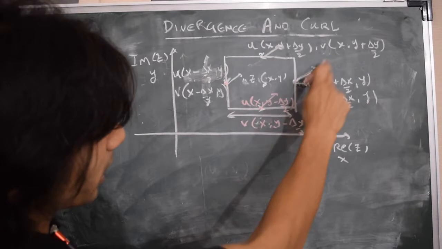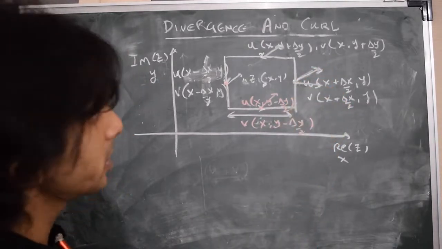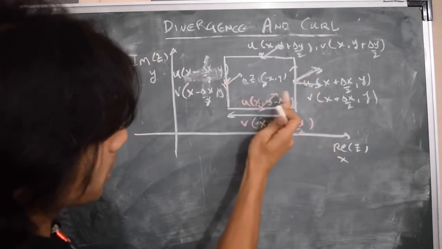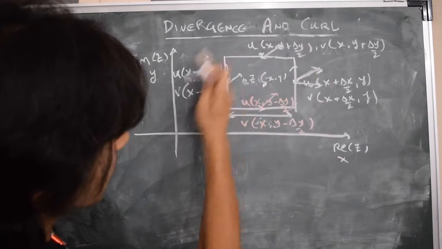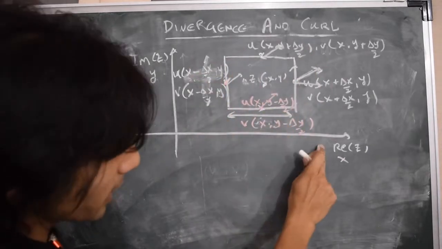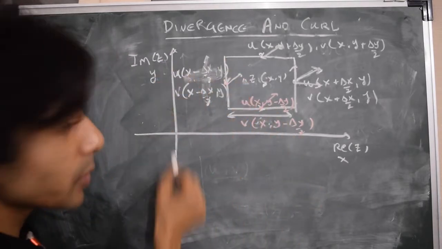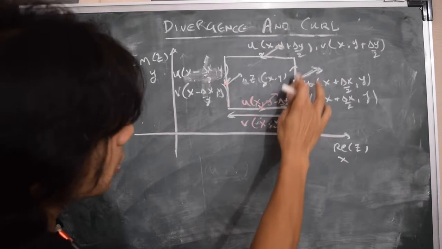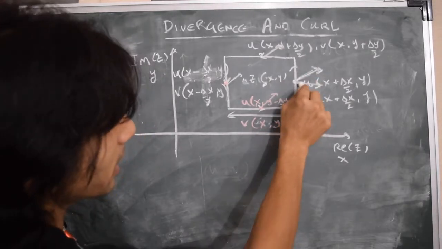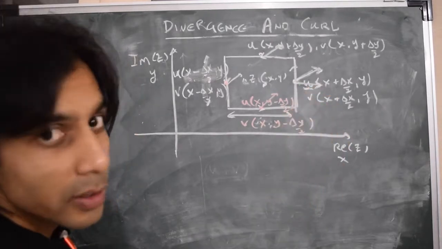Now considering that the vector field itself has a horizontal component which we denote with the symbol u and a vertical component which we denote with the symbol v, the way we have drawn the loop, the horizontal axis of the loop is parallel to the x-axis, whereas the vertical axis of the loop coincides with the y-axis. So the component of the vector field which is normal to the curve across this segment is nothing but the horizontal component of the vector field. So we take the horizontal component of the vector field.